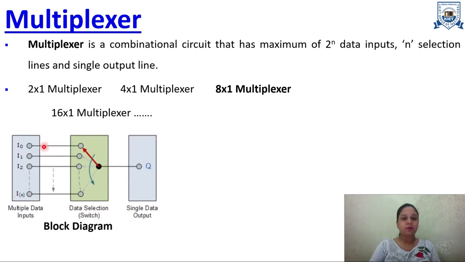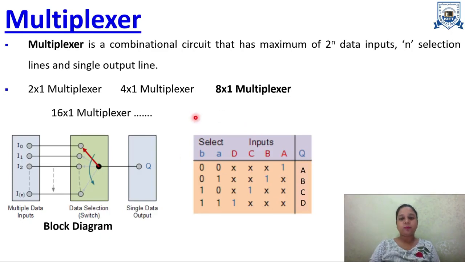This block diagram shows a number of inputs, 2 to the power n data inputs, and there will be select lines inside, on the basis of which one of the inputs is selected and given as the output. So the select lines will select which input will be the output.